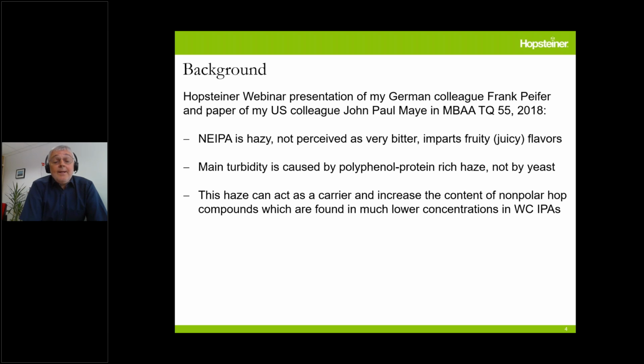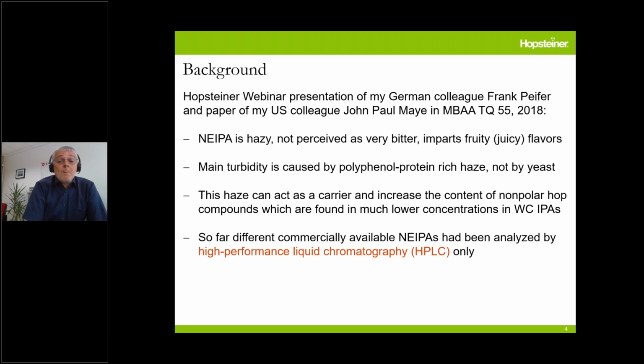And this haze can act as a carrier and increase the content of non-polar hop compounds, which are found in much lower concentrations in West Coast IPAs, so in the IPAs produced in the western part of the USA. So far, different commercially available New England IPAs had been analyzed by high-performance liquid chromatography only.